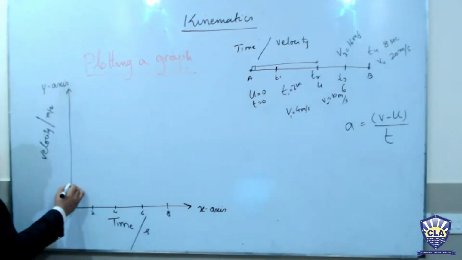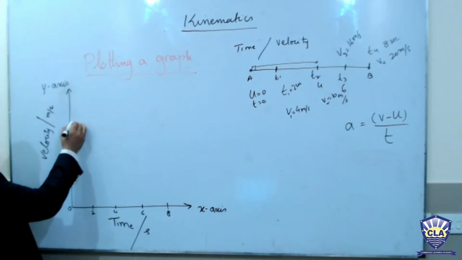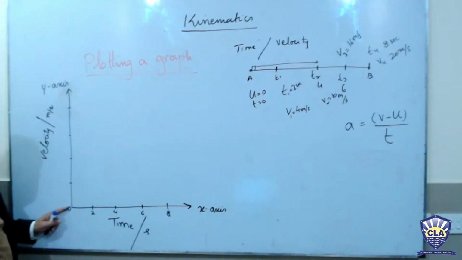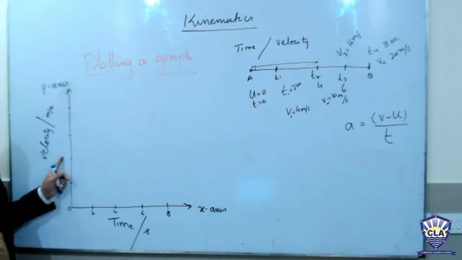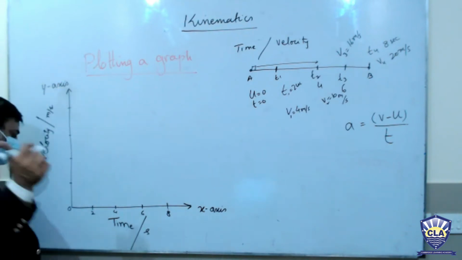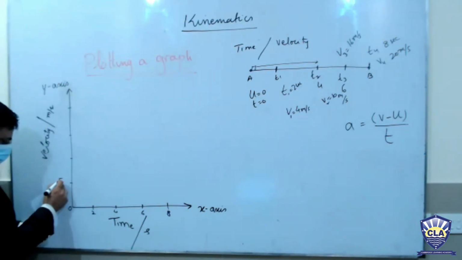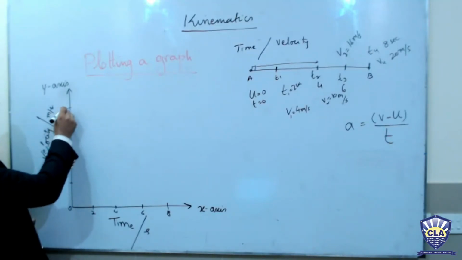So what will be the suitable interval for that? Can I take 0, 1, 2, 3, 4 for velocity? Or 2, 4, 6, 8, 10? Or 5, 10, 15, 20? You said 5. 5, good. 5, 10, 15, 20.